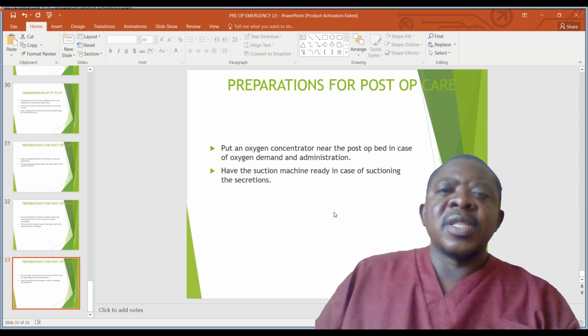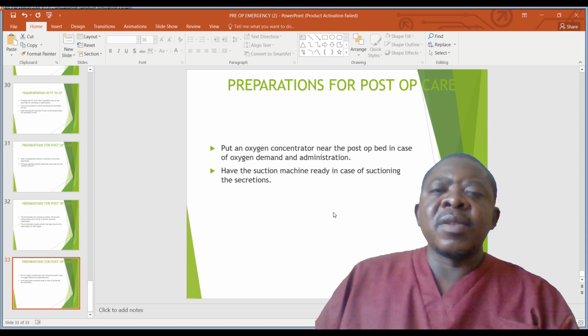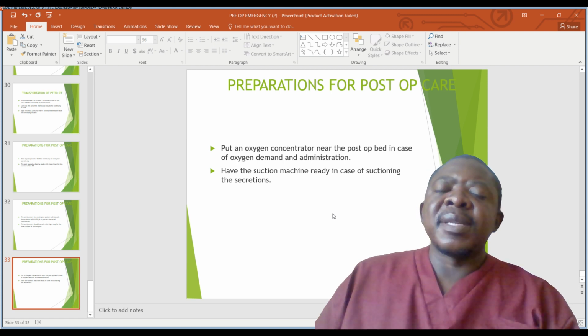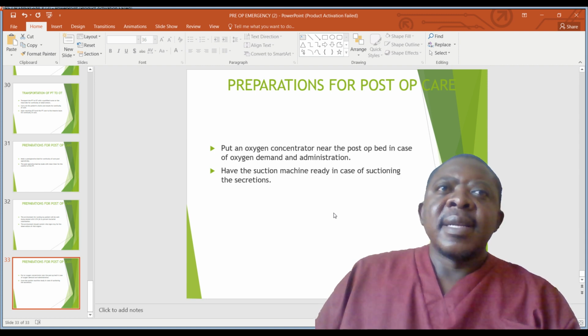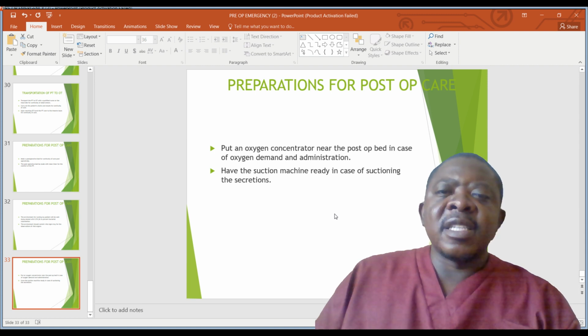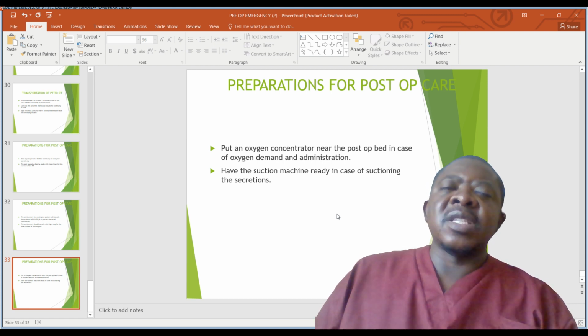H is for hygiene, promoting hygiene, ensuring that the place where a patient will be received is well dusted. The place that will be operated on is also cleaned, or you may need to shave. So that is H for hygiene. I is for investigations that need to be done. For investigations, we said HP comp lab, that is history, physical examination, computerized investigation like X-ray, scan.